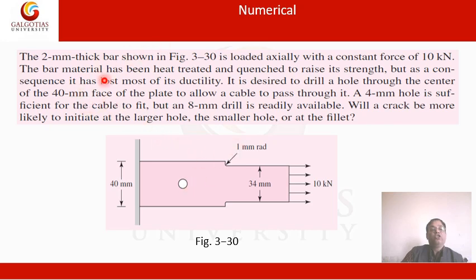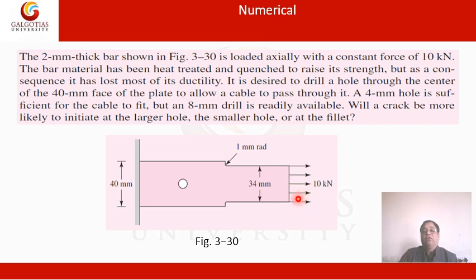With the help of this numerical, you will understand the procedure to find the maximum stress produced at the discontinuity points. In this numerical, a 2 mm thick bar as shown in the figure is carrying a 10 kN load. The bar material has been heat treated and quenched.